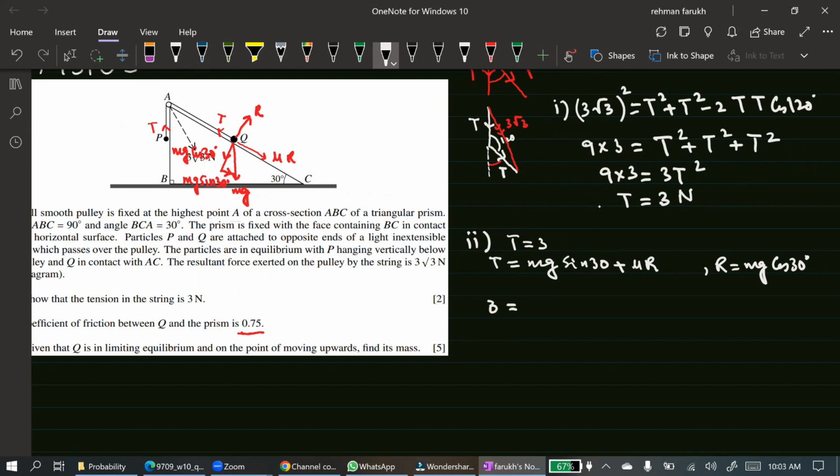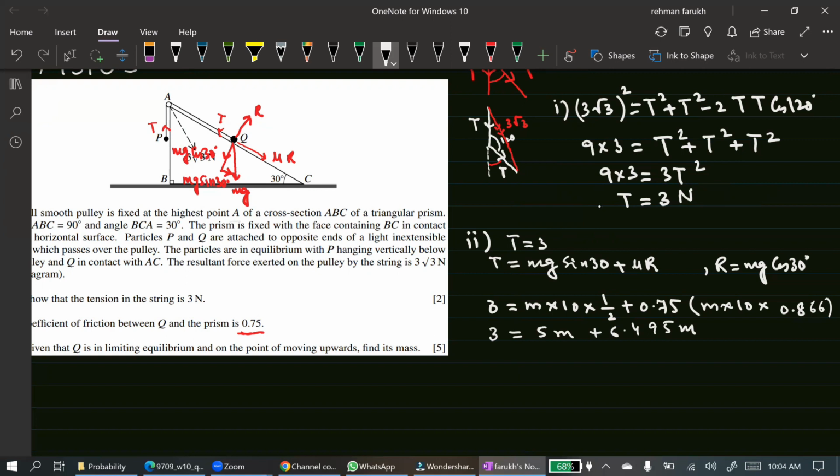T is 3. Sin 30 is 1 by 2. Mu is 0.75 and R is m into 10 into cos 30, which is 0.866. 3 is equal to 5m plus 6.495m.